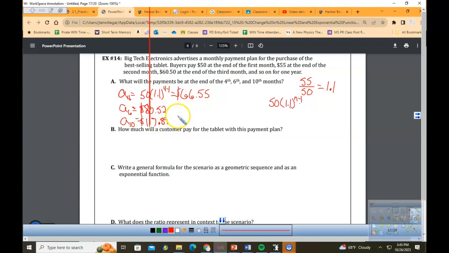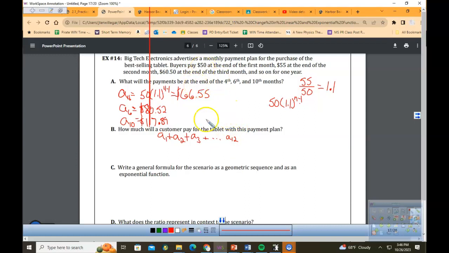All right. How much will a customer pay for the tablet on this payment plan? Because they have to do this for 1 year, what I have to do is take my A1 plus A2 all the way up to A12, right? Because that's my monthly cost each month.